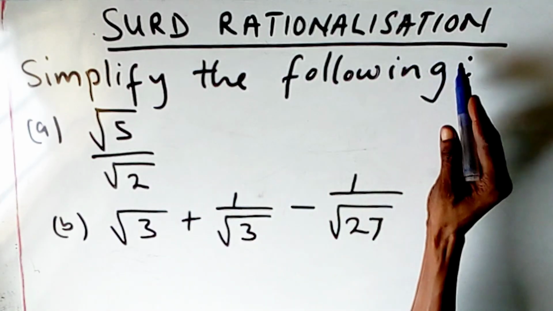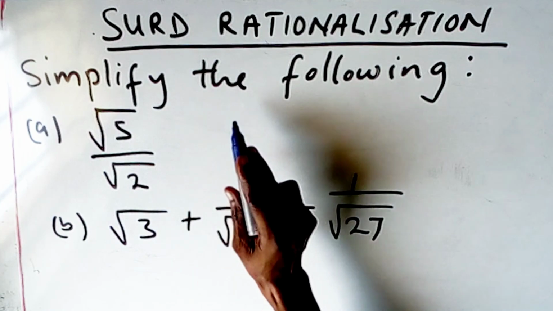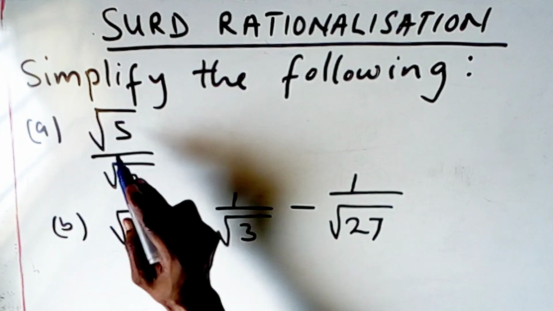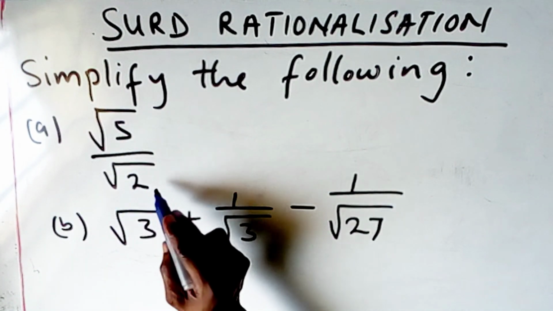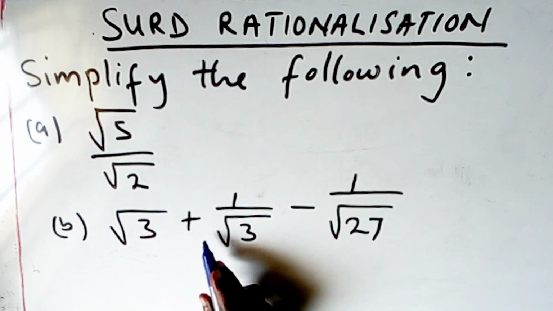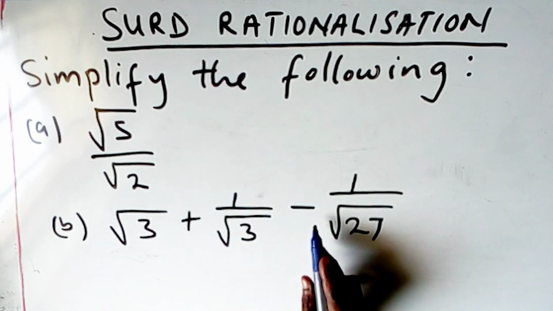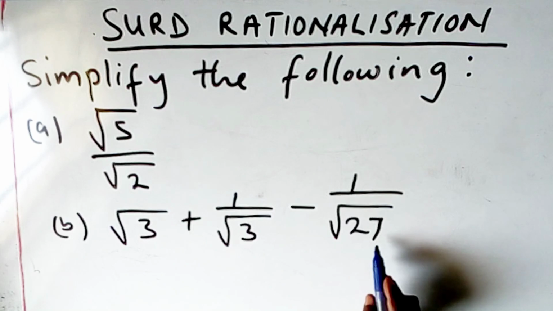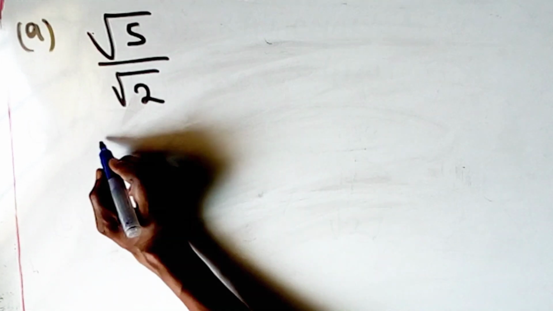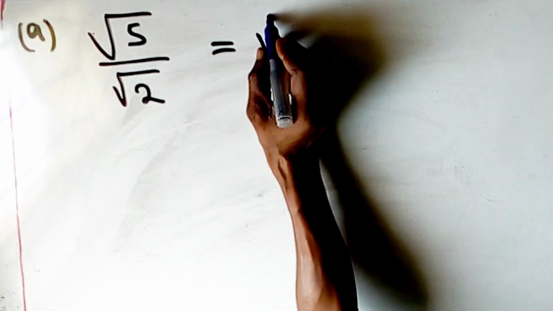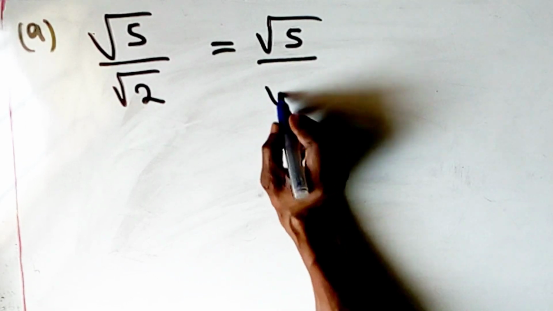The next one, surd rationalization. Simplify the following. We're given root 5 over root 2, root 3 plus 1 over root 3 minus 1 over root 27. Let's take them individually. Then root 5 over root 2.